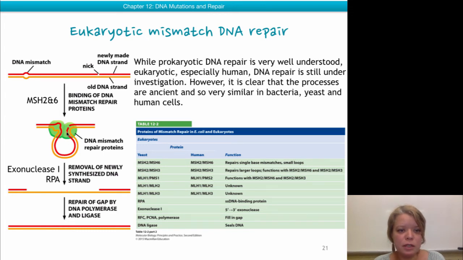Exonuclease 1 removes the newly synthesized strand, and RPA coats the old strand, preventing secondary structure from arising inside the template, and then DNA polymerase will come in and synthesize a new strand of DNA, hopefully correctly, based on the orange template.